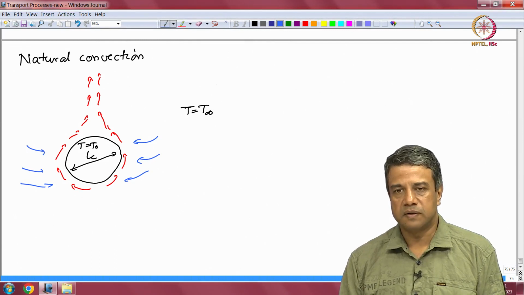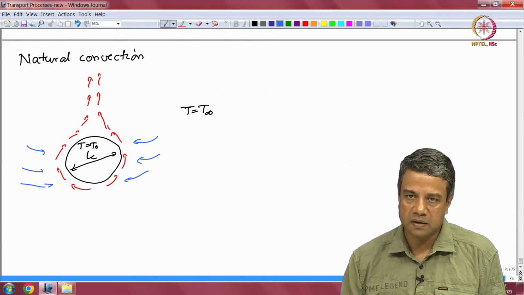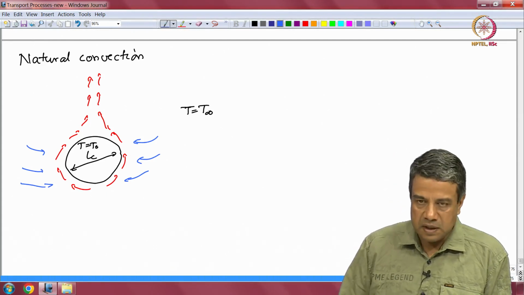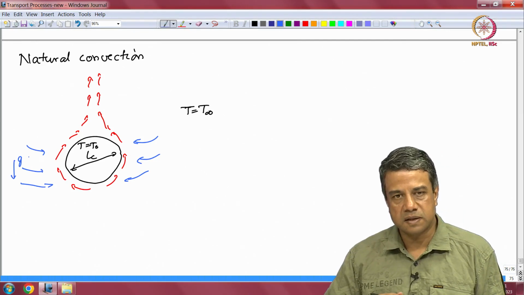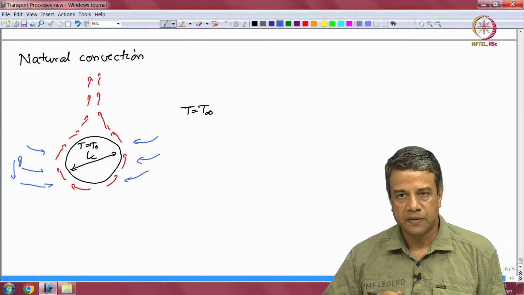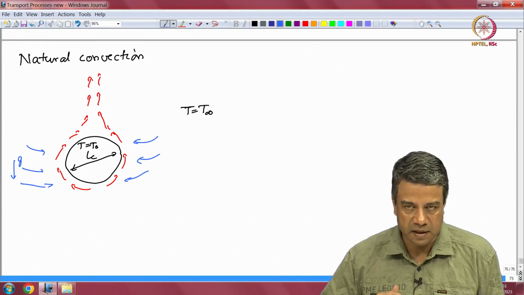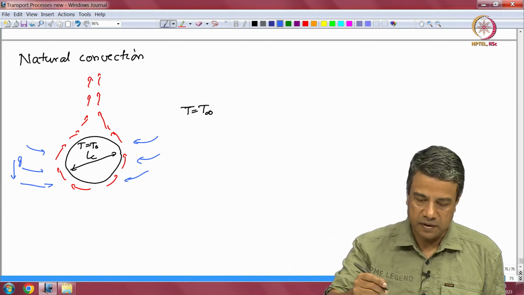So that is a forced convection problem. This is natural convection because the temperature difference automatically causes a decrease in density, buoyancy force in the presence of gravity, and that in turn causes convection. That is, the velocity field created by the temperature difference carries with it the heat, and therefore you have convective transport of heat.